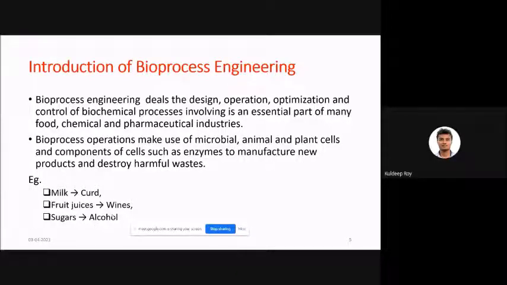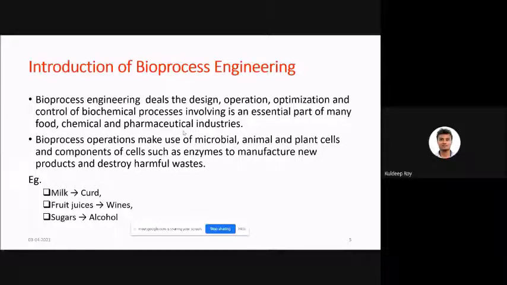And sugar to alcohol. If you want ABE fermentation, A for acetone, B for butanol, E for ethanol, if you want to get three types of alcohol, then you have to do the fermentation process. This is a very brief introduction to bioprocess engineering.